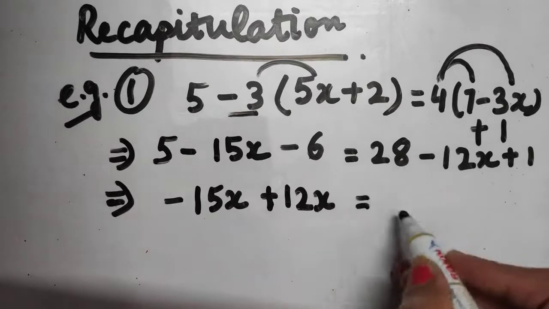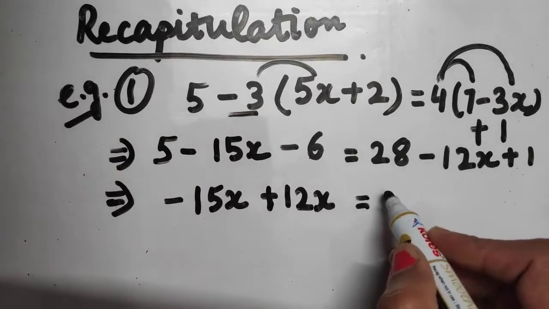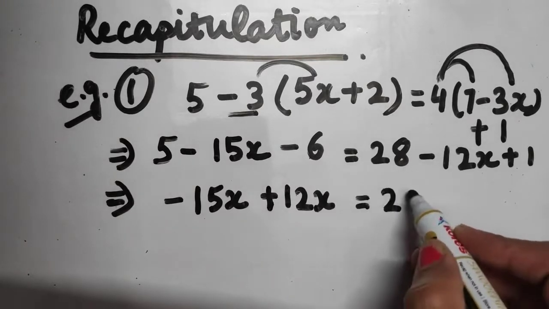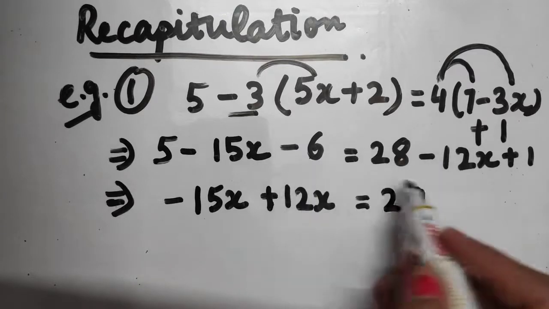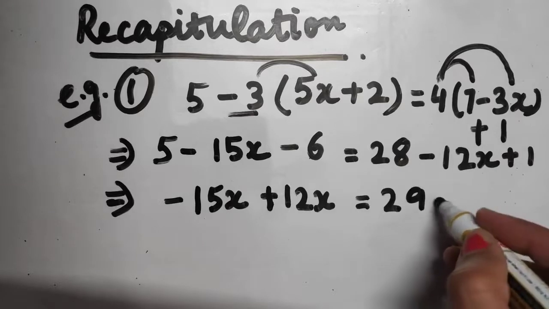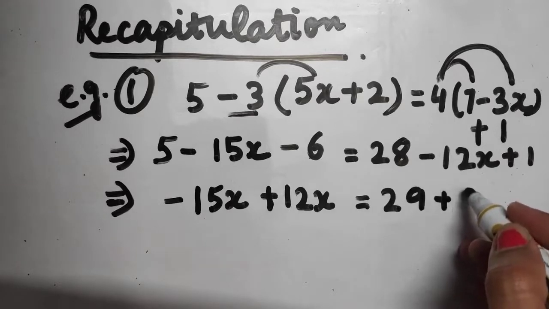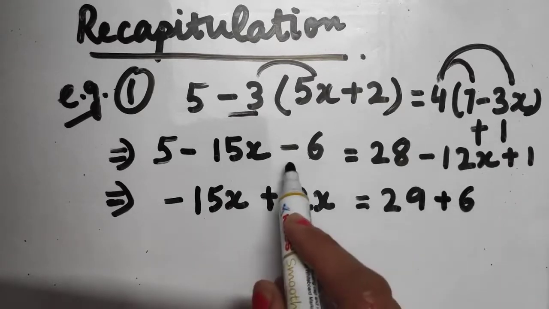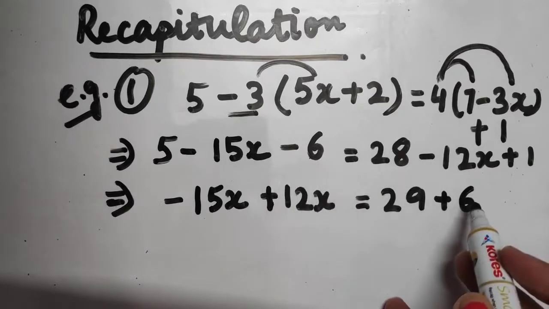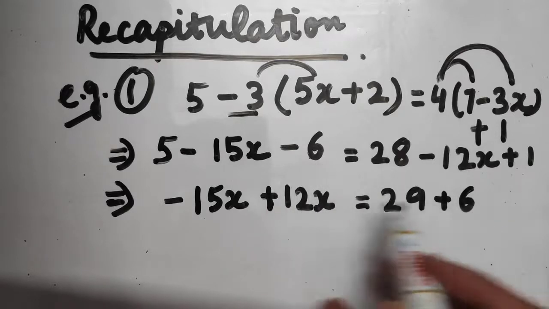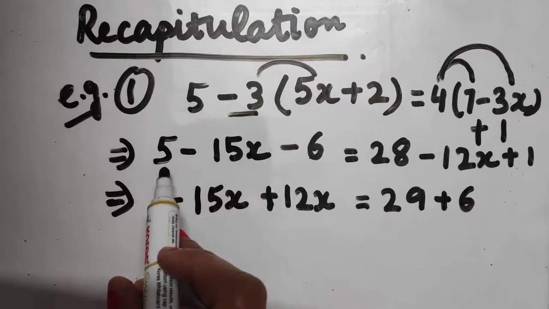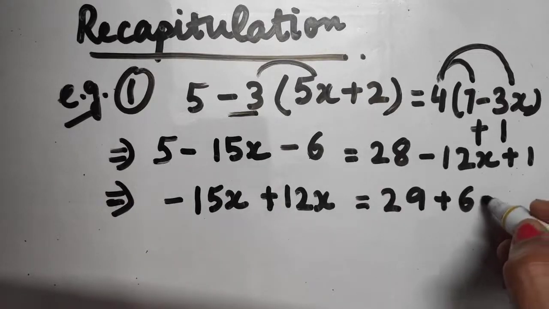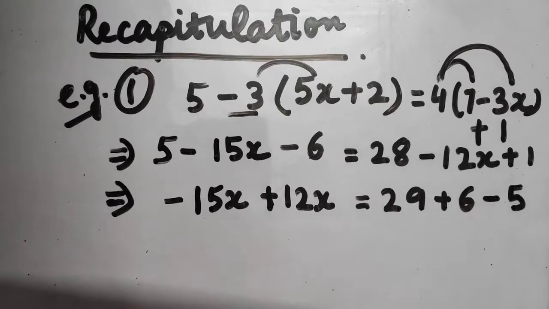On the right hand side I am having 28 plus 1, that is 29. This minus x, when transposed to the right hand side, will be plus x plus 6. This minus 6, when transposed to this side, will be plus 6. And this plus 5, when transposed to this side, will be minus 5.